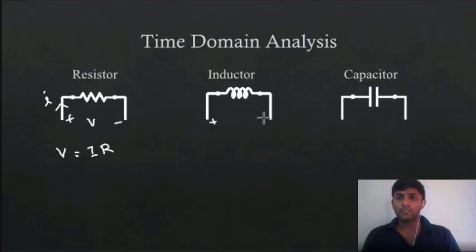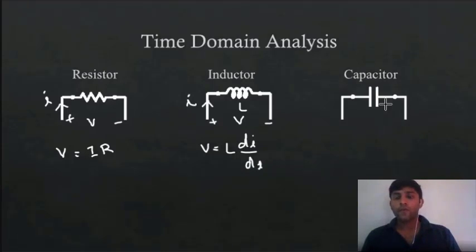As we have already seen about the inductor, suppose the voltage across the inductor is V and the current through it is I, and suppose the value of the inductance is L. Then the voltage across this inductor, as you all know, is nothing but L di by dt.